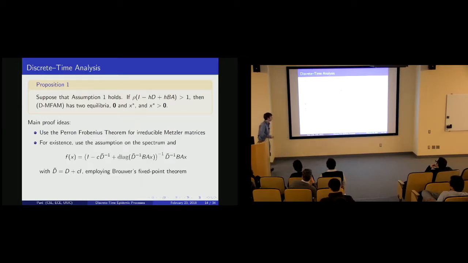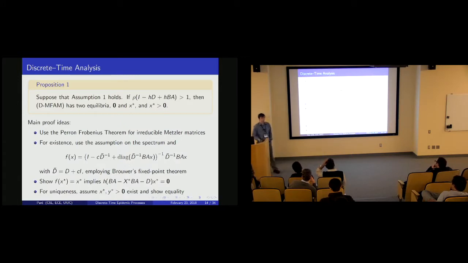And we use a fixed point argument using this mapping right here to show that under this condition, there's a contraction mapping towards this equilibrium as long as you don't start at 0. And then we use the fact that this is a fixed point to show that the rate of change in our difference equation is 0.